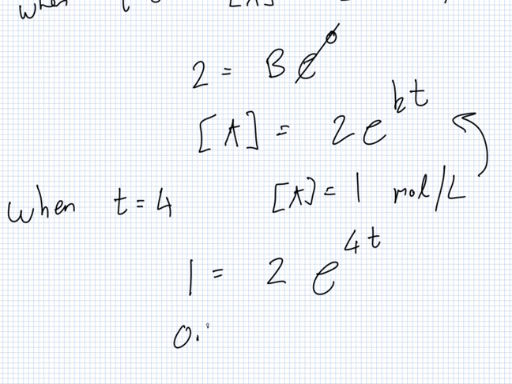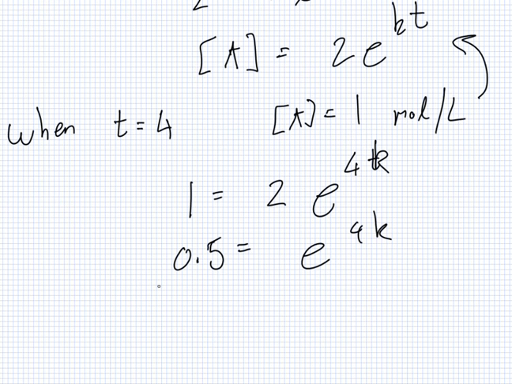So 0.5 equals, I brought the 2 down, e to the 4k. If I put a log on both sides, I get log 0.5 equals 4k.